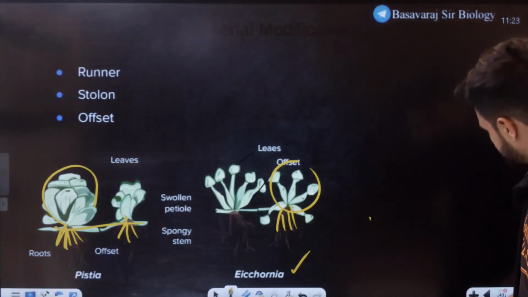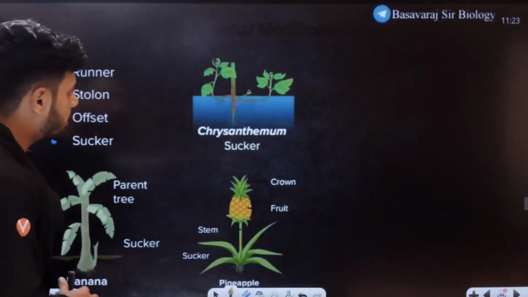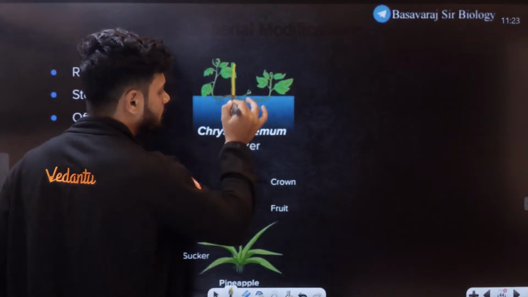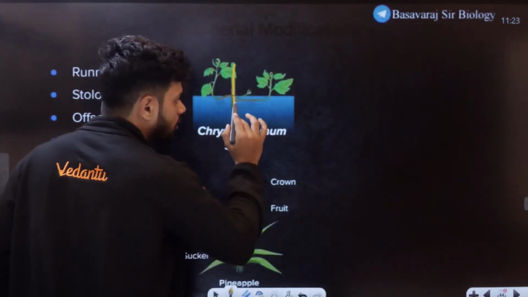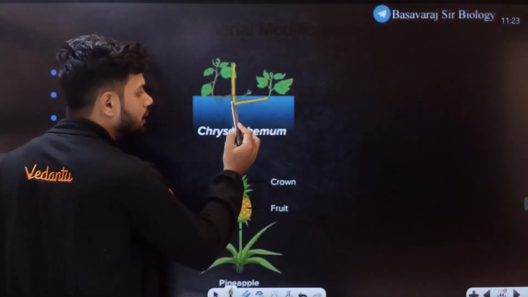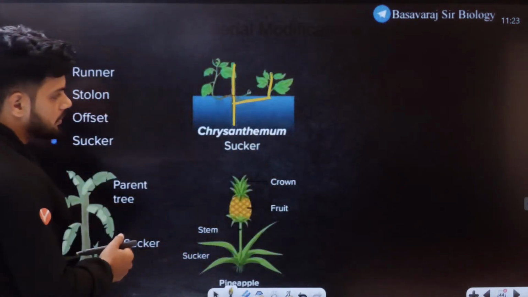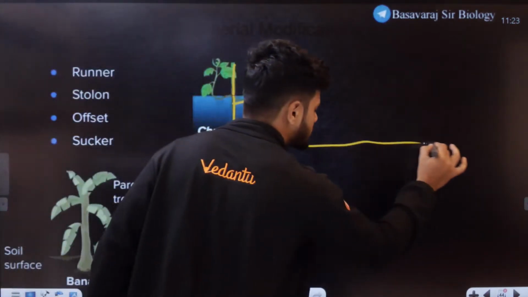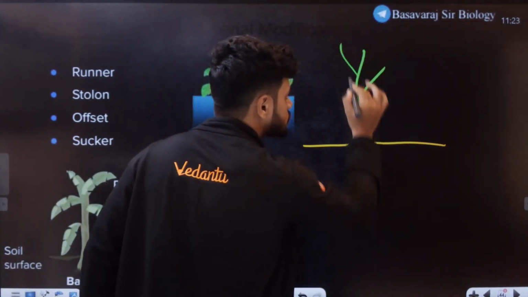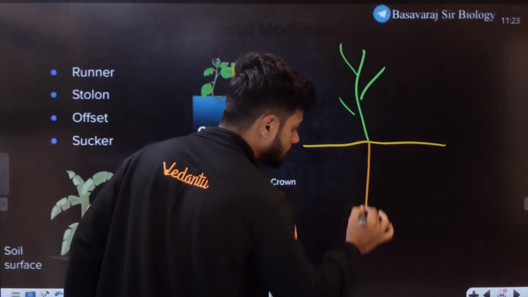Now what about sucker? Sucker, students, understand sucker. Here what happens is, if this is the aerial part, here we have roots. Can you see here? There is an obliquely lateral root arising underground, and then it is growing up. For example, this is the soil. This is the shoot here. Here we have the roots.